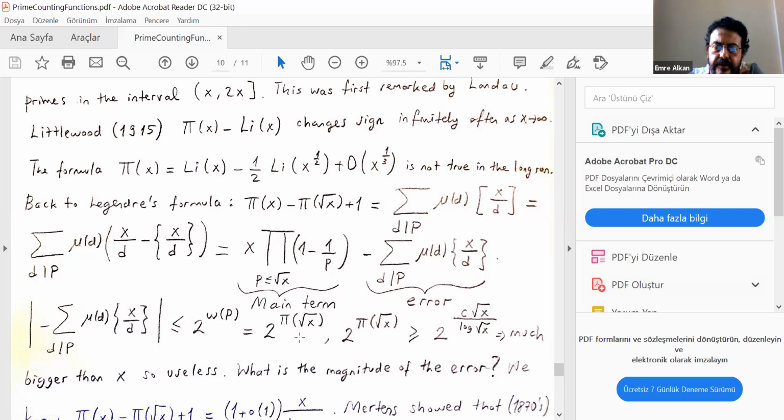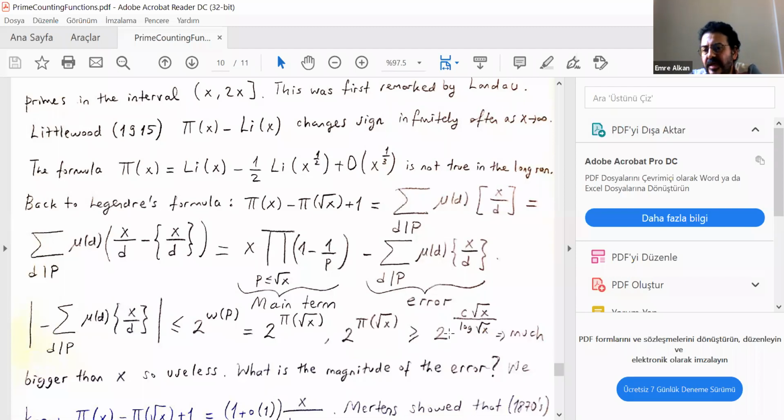But are we good with this? Now let's look at this with a critical eye. 2 to the π of √x. Let's remember Chebyshev's lower bound. It says that π(√x) is bigger than a constant times √x over log √x. But this is huge.